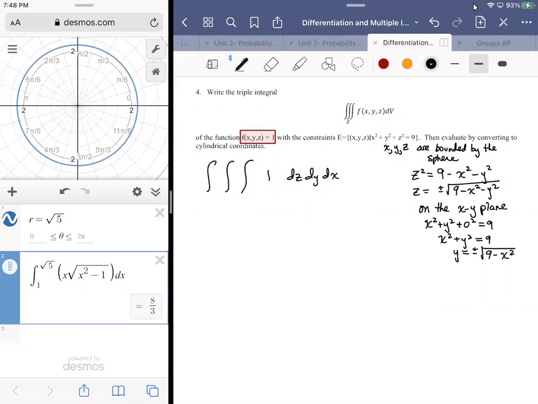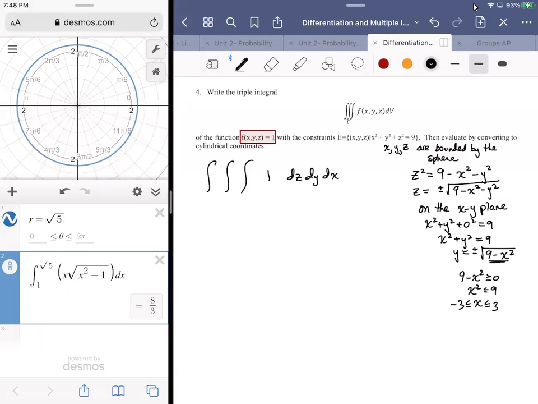So then it would just be a matter of finding the restrictions for x. You could just kind of look at it here. 9 minus x squared has to be greater than or equal to 0. So you solve, and we're looking at x squared is less than or equal to 9, which means that x is going to be in between -3 and 3.